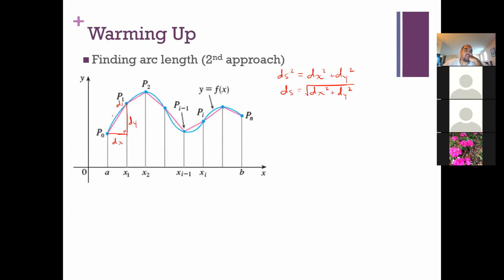Specifically, do I know what this slope is? Or can I represent it in terms of these quantities that I'm already looking at? What's the slope of this straight line, this pink line? dy by dx. That's dy over dx.